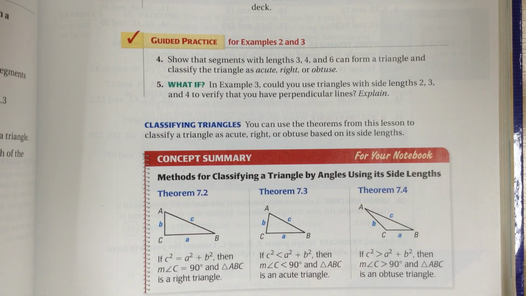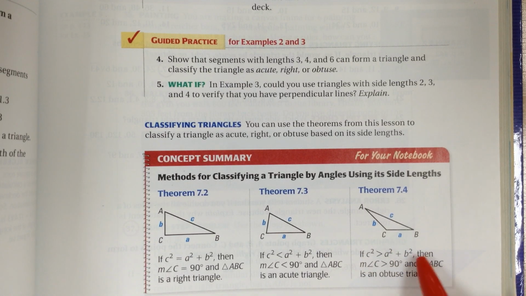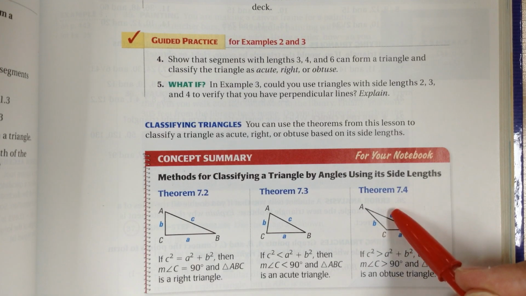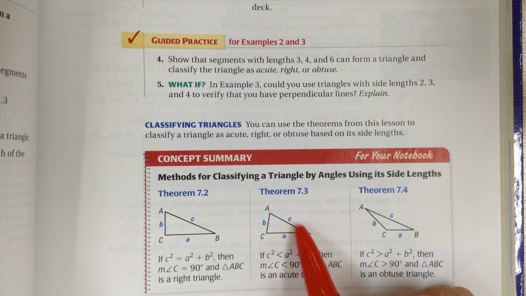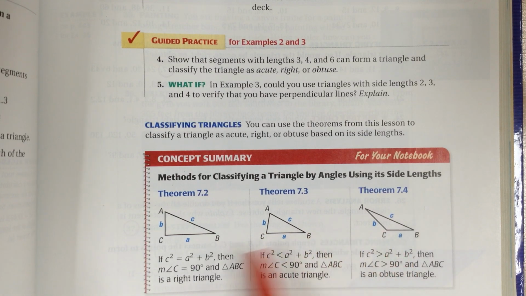In the same way, if c squared is greater than a squared plus b squared, then the angle would be greater than 90 degrees. Therefore, it's an obtuse triangle. Again, this came from the concept that the longer length will face the bigger angle, and the shorter length will face the smaller angle, compared to the right angle.